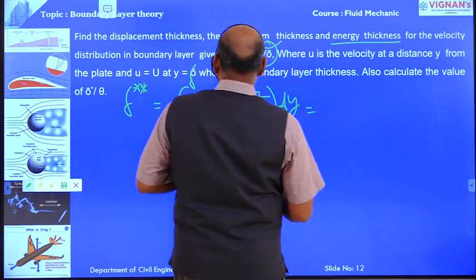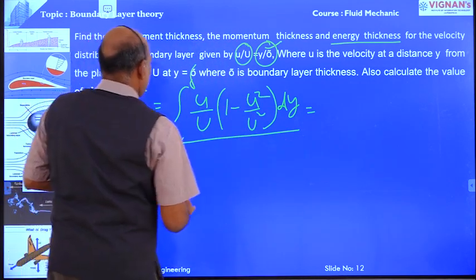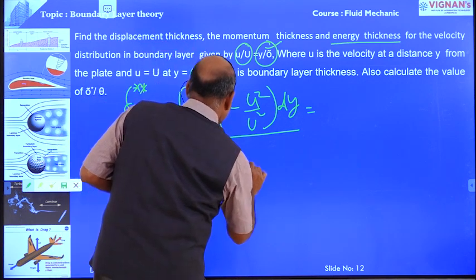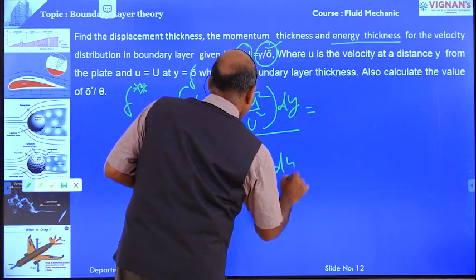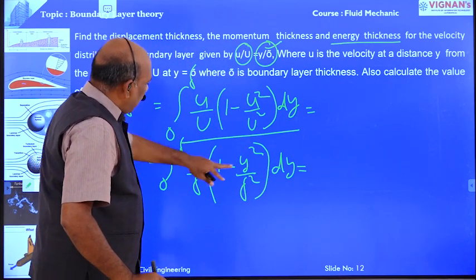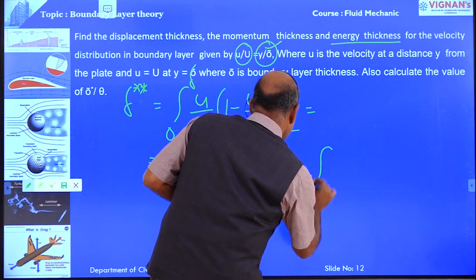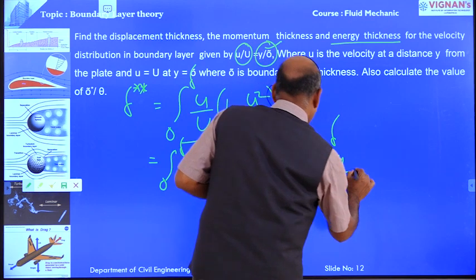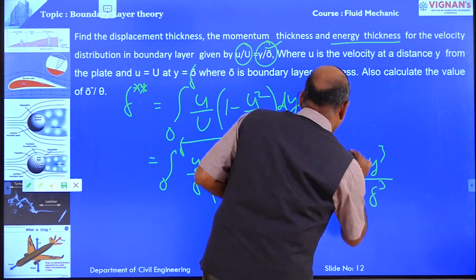This is equal to integral 0 to delta of y by delta into 1 minus y square by delta square, dy. This is equal to y by delta multiplied with 1 and y by delta multiplied with y square by delta square. This is equal to integral 0 to delta of y by delta minus y cube by delta cube, into dy.